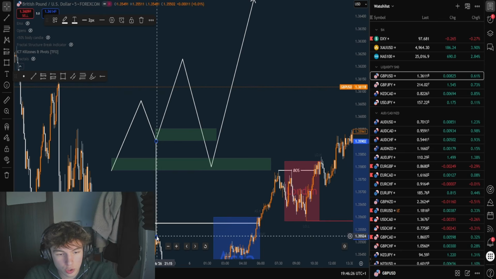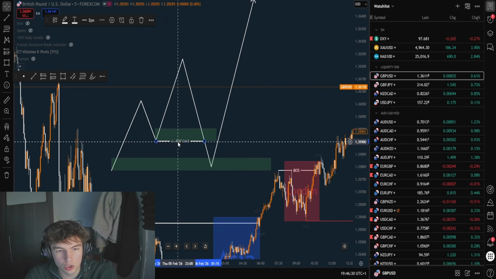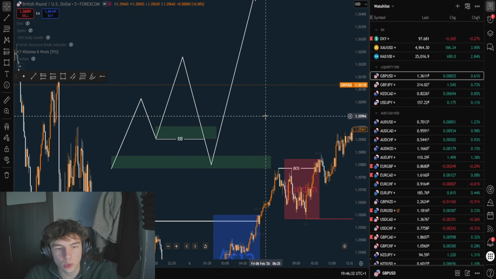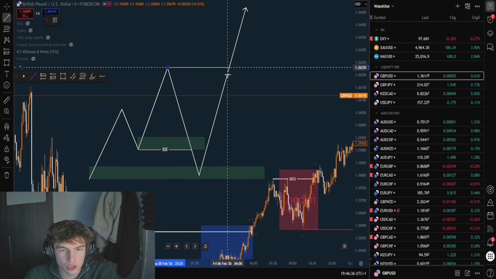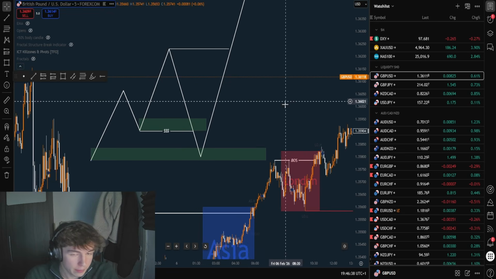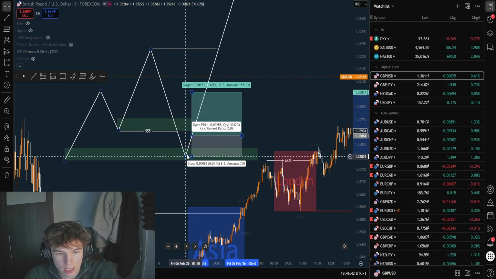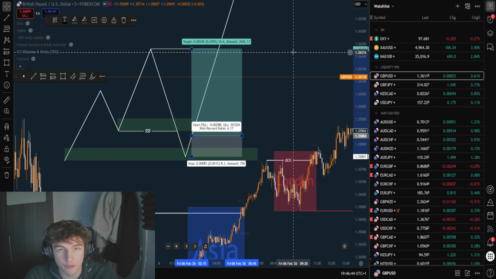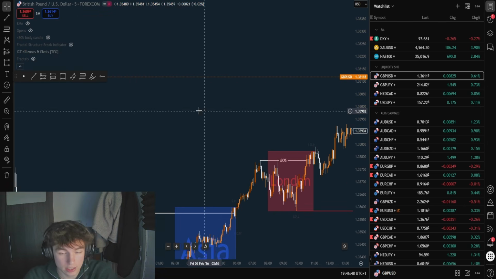Price is going to want to use this fake area of demand as liquidity towards the upside, to break structure of the previous high. And this is going to give us an insane RR every single time. Okay? Everything above a 2R is insane.